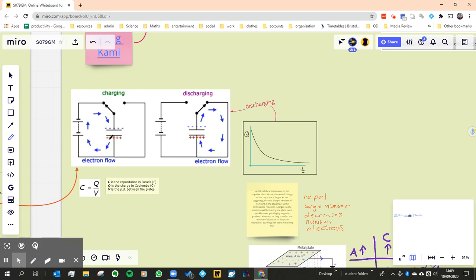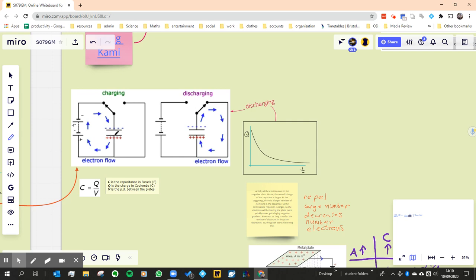So as soon as you switch on the battery or the power supply, this part of the battery is going to be positive, right? And that part's negative, so positive, negative, and so it's going to be attracting electrons from that plate.